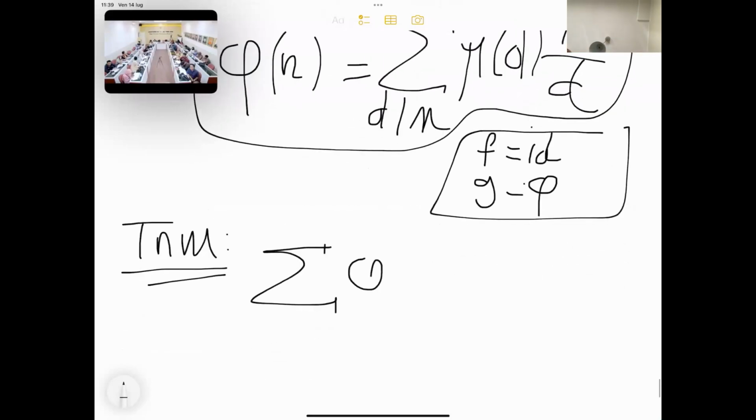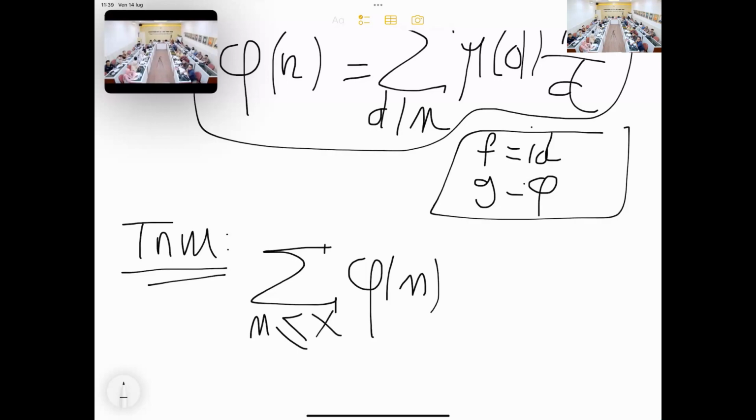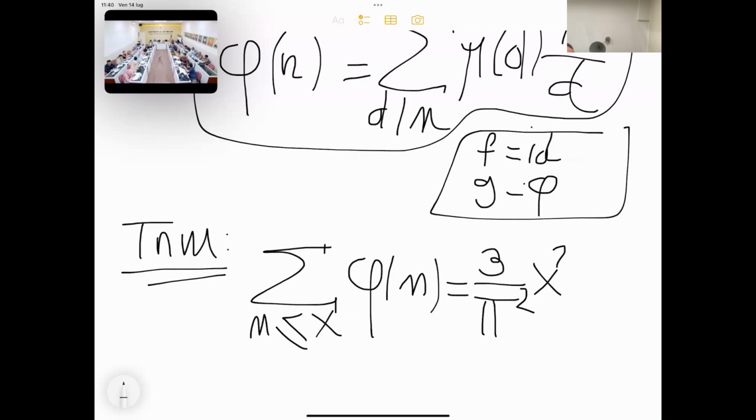The average value of phi of n, the sum of phi of n up to x, is equal to 3 over pi squared x squared with an error term of the type x log x.